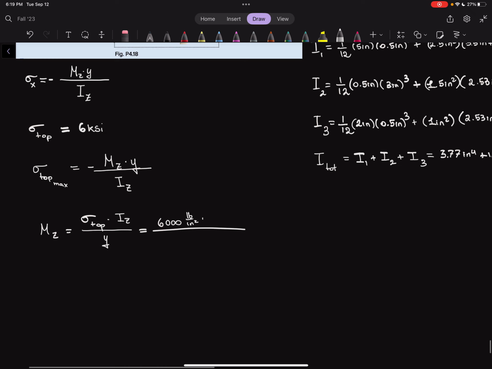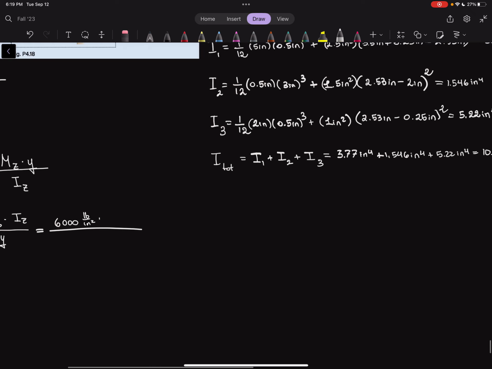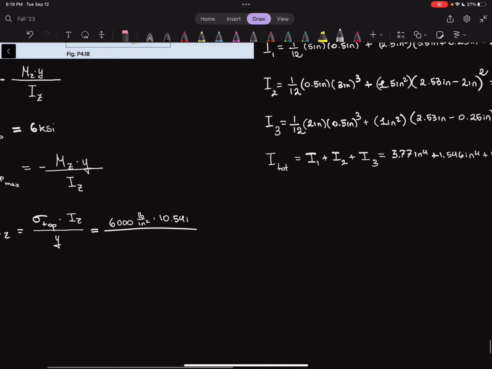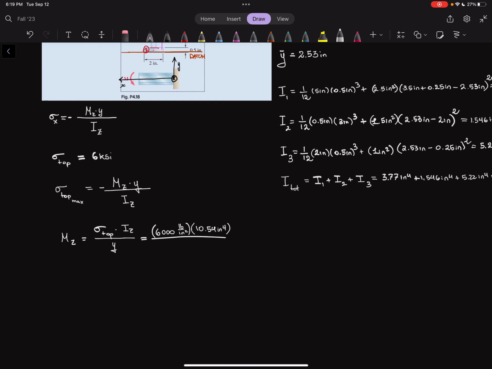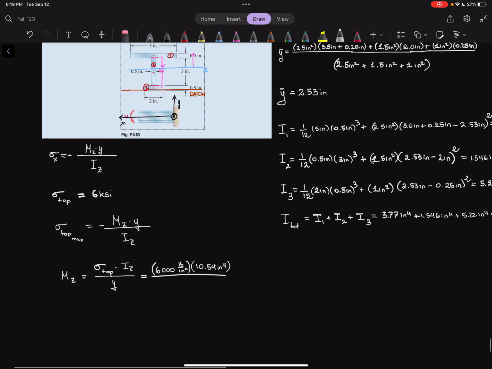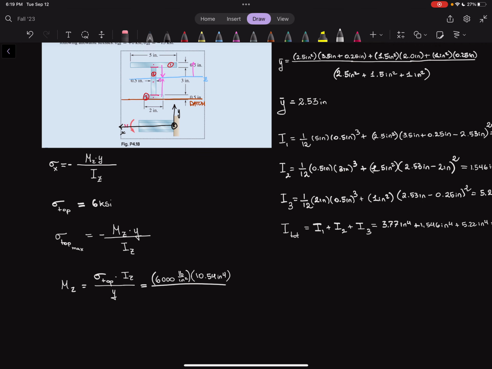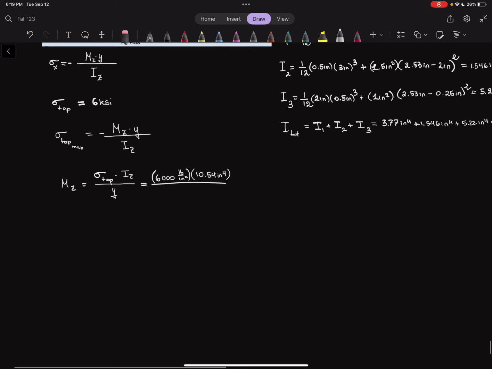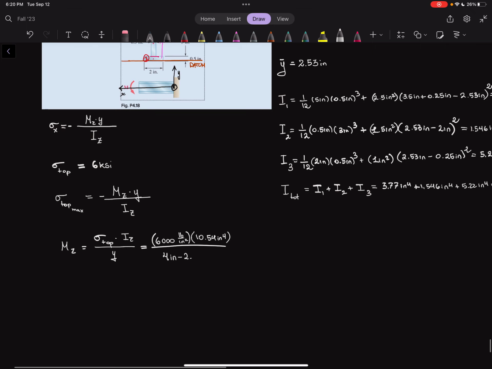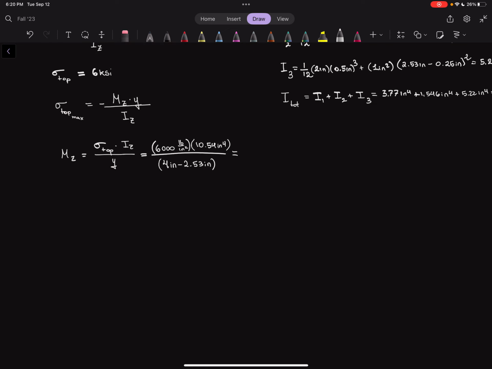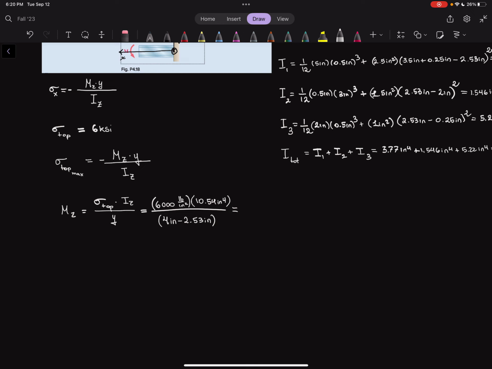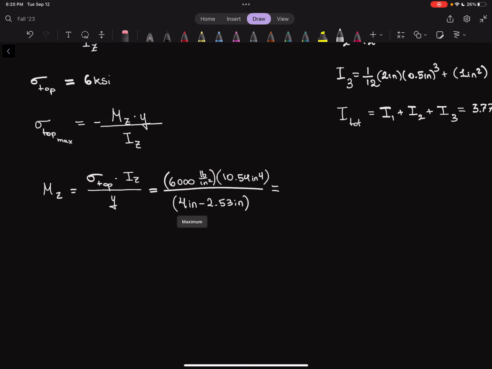And then we multiply that by our I total, which is 10.54 inches to the fourth. We want to divide by our distance y from the top. This is the only thing where we have to think a little bit. 3 plus another 0.5 and 0.5, that's 4. 4 inches minus our y of the centroid, 2.53 inches. And so that's going to give us an answer. Now, are we top or bottom? We're at the top.